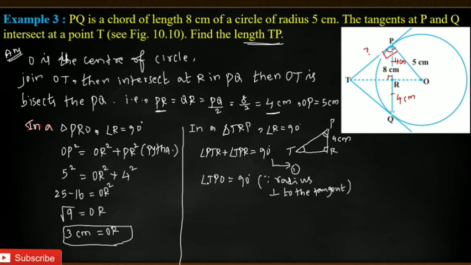Okay, now this TPO, how are we able to write? You see here TPR. Okay, TPR plus angle RPO, like that I'm splitting this. RPO, which is equal to 90 degree.